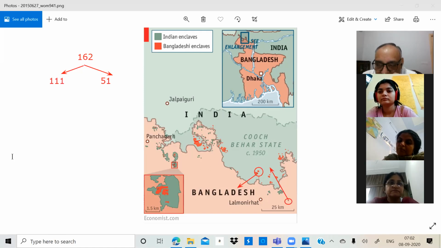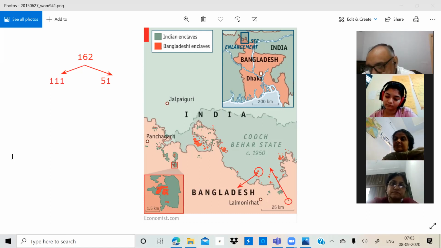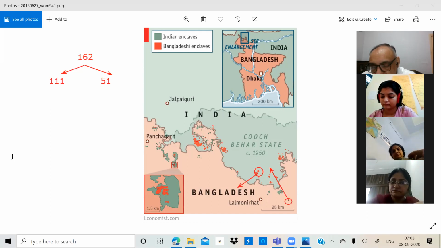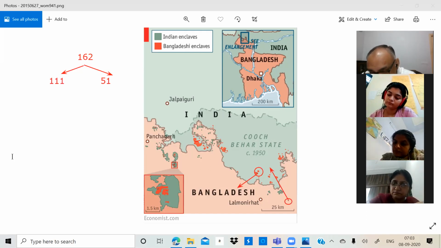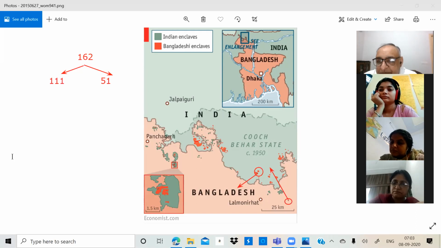सो 1974 में दिस एग्रीमेंट वाज एंटर्ड इनटू एंड द पार्लियामेंट ऑफ बांग्लादेश ratified this agreement in the same year. बांग्लादेश की पार्लियामेंट ने तो उसको अप्रूव कर दिया था, राइट? बट द पार्लियामेंट ऑफ इंडिया could not ratify this agreement till 2015, 2014-15 तक वो नहीं कर पाई थी, इसको अप्रूव नहीं कर पाई थी.